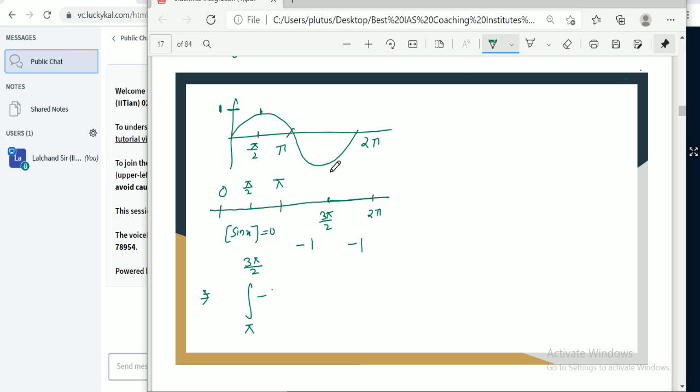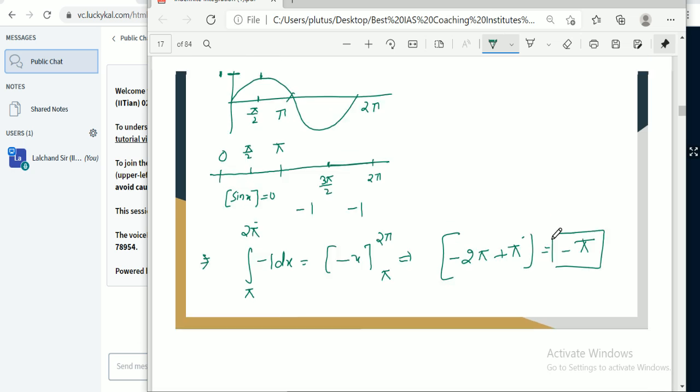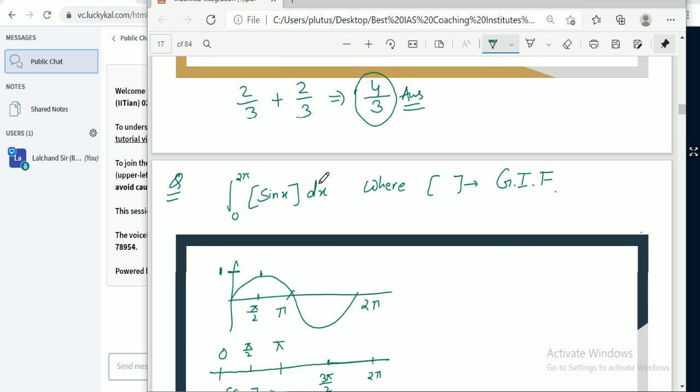So we have minus x, with limit pi to 2 pi. So that is equal to minus 2 pi plus pi. So the final answer will be minus pi for this integral.